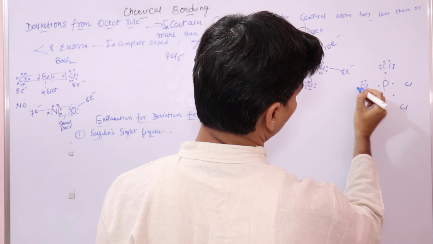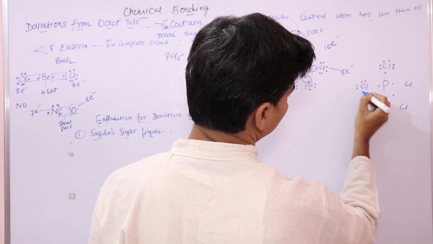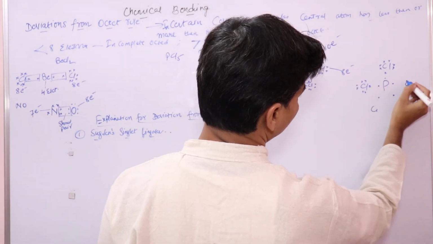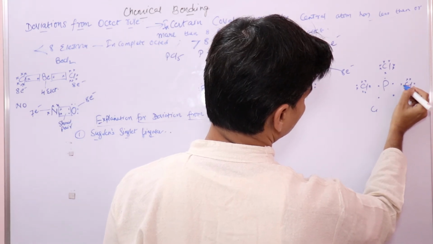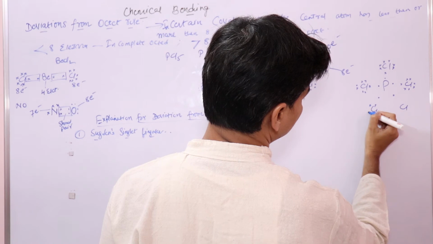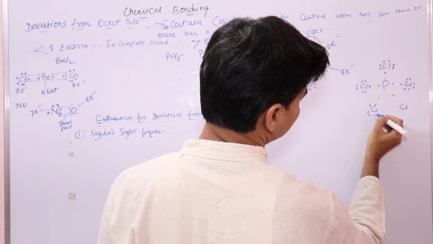Similarly, all chlorine atoms have 7 electrons in the outermost orbit. Now let's see how we will draw the singlet linkages.